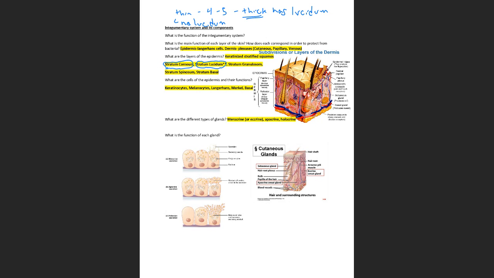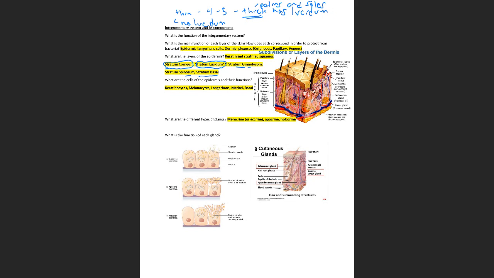Then below that, we have the stratum granulosum. Below that, the stratum spinosum, and below that, the stratum basale. Okay, the order is the same for both thin and thick skin, with the exception of the stratum lucidum. So thick skin is only found on our palms and soles of our feet. Thin skin is everywhere else. Okay?